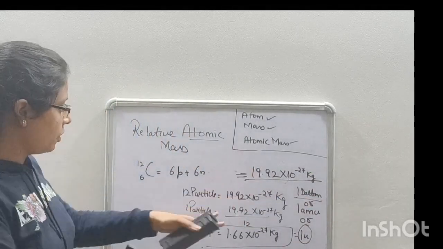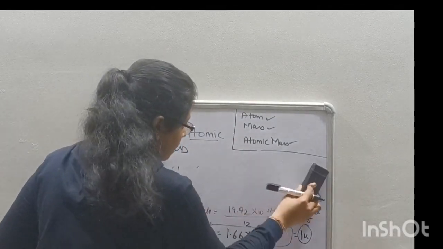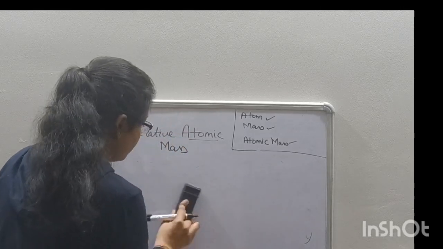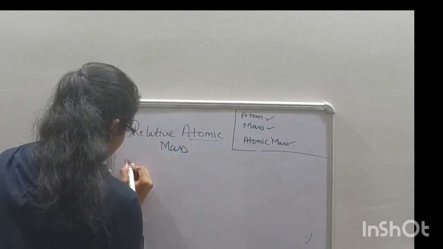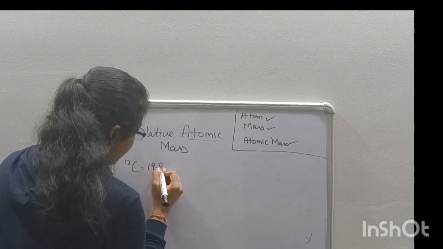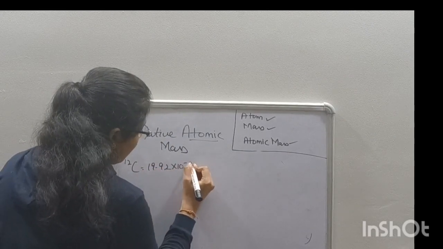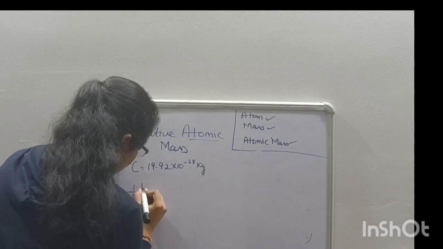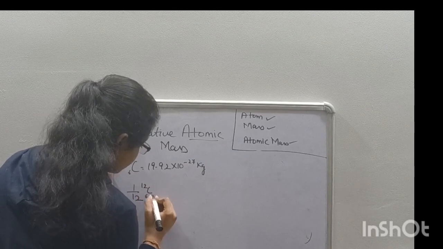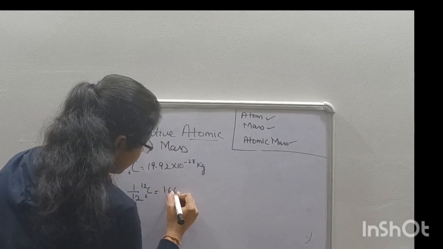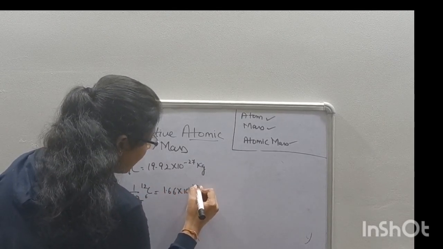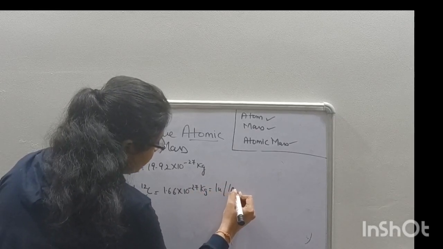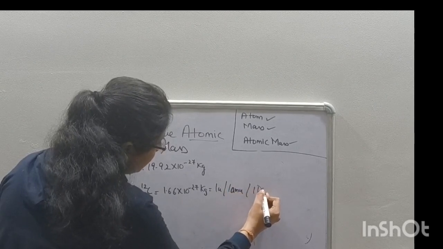To further understand this concept, until now what we have known is that the mass of a 12 carbon atom is 19.92 × 10 to the power minus 27 kg. The mass of 1/12 of the 12C carbon atom is equal to 1.66 × 10 to the power minus 27 kg, and I say it is 1 U, 1 AMU and 1 Dalton.